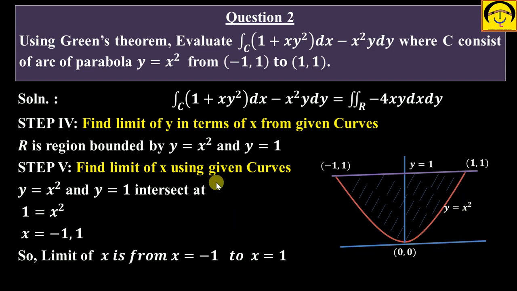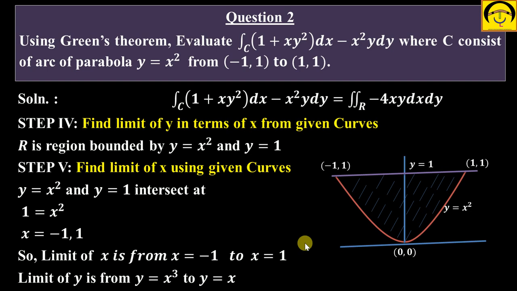So your limit of y varies from x square to 1, and the limit of x varies from minus 1 to 1. Why? Because we need the limit of y in terms of x from the curves, and the limit of x you obtain from the intersecting points.